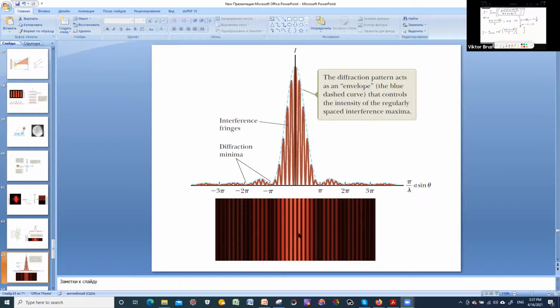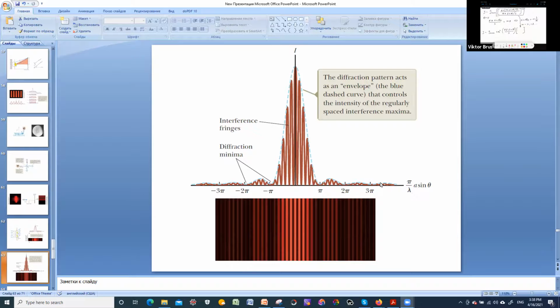from interference because of the presence of two slits, and their intensity is further modulated, on top of the interference effects, by the diffraction pattern. So the picture is quite complicated.